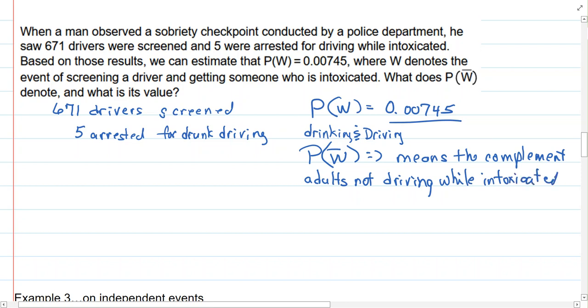All right. So how do we figure this out? Well, we said that if I wanted the complement of a set, I do 1, which represents 100% of the probability, minus the probability of the drunk drivers, or drivers that are intoxicated.